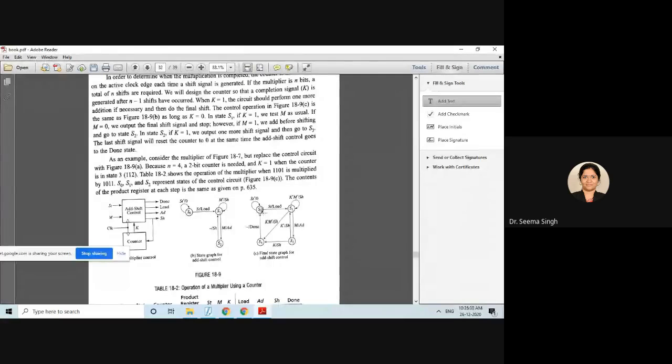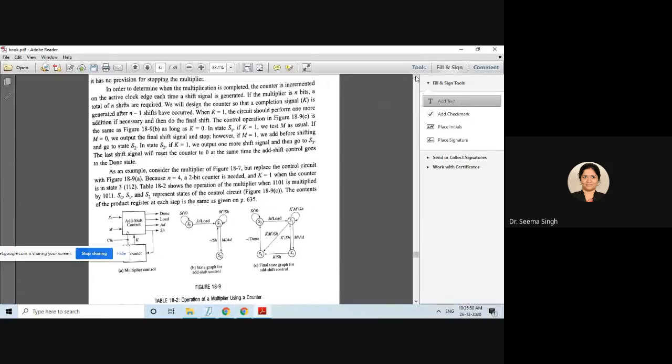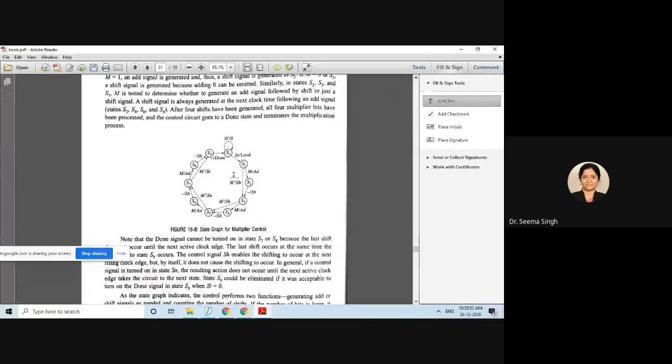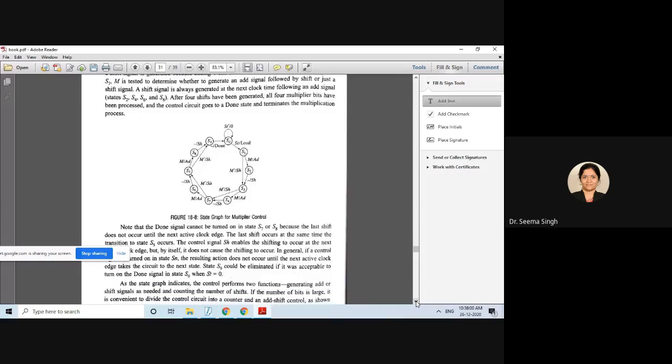If it is S0 and start is 0, it remains here, and then start and load happens. So S0 to S1, no change. The only change is this triangle, you can see, this triangle was happening 4 times, and now we are doing that only 1 time, but it is repeated.